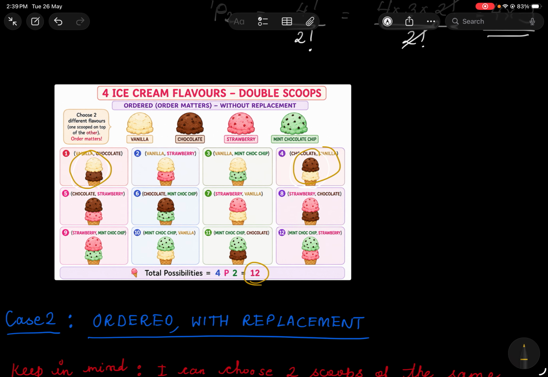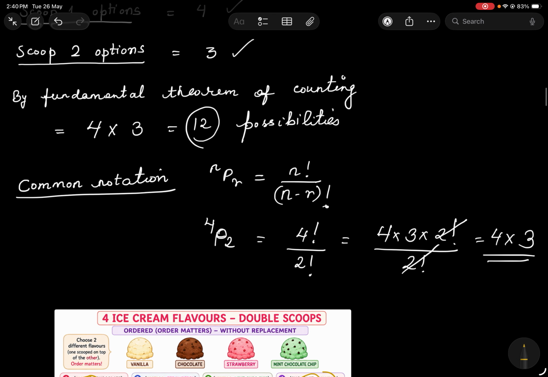This particular situation, ordered without replacement, is a very common problem that you solve, and hence we have a very common notation for it, which we call nPr. This P means permutation. So basically it means that there are n, so for our case n will be 4 and r will be 2.